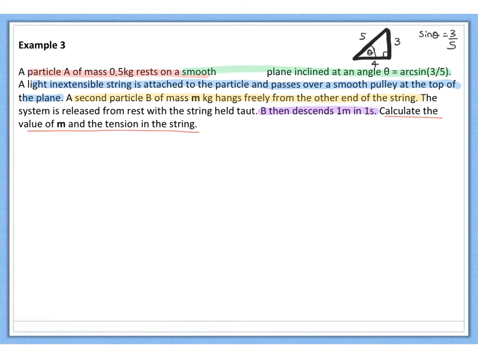So, what are we going to start off by doing? We are going to sketch a very clear force diagram. So, here is my slope, inclined at an angle of theta.